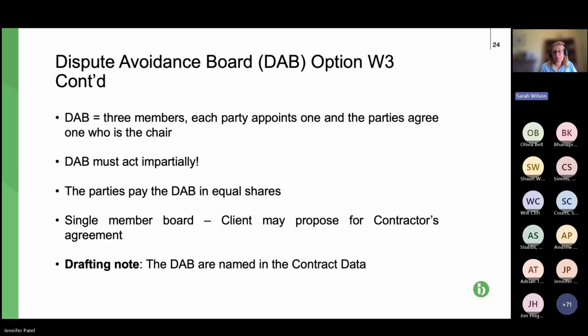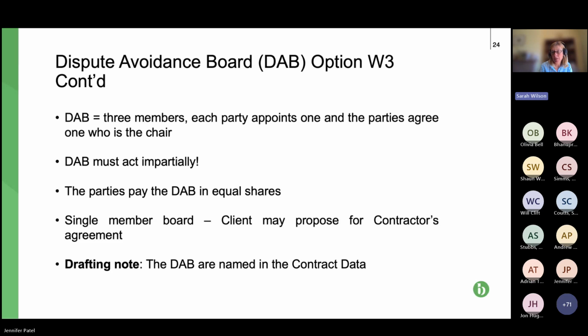So I don't know, you'd probably be paying maybe £200-300 an hour, possibly more per member. The idea is that they're involved through the project. It's quite a costly way of getting a recommendation, which ultimately one or the other party may not accept.